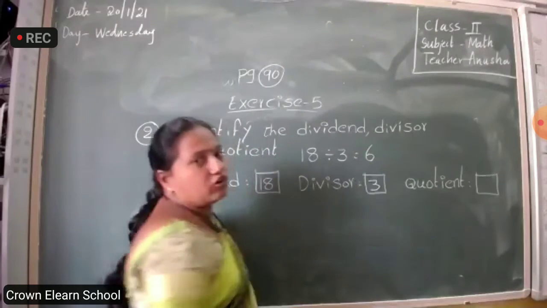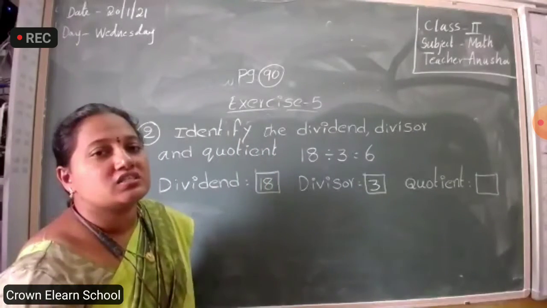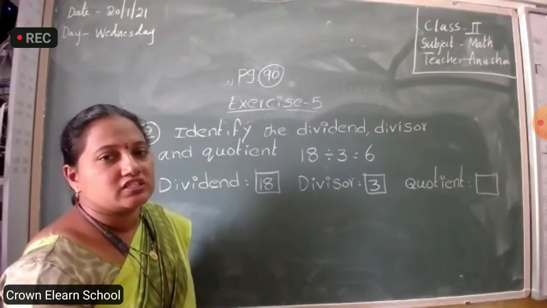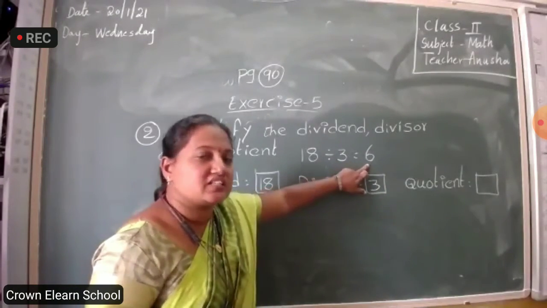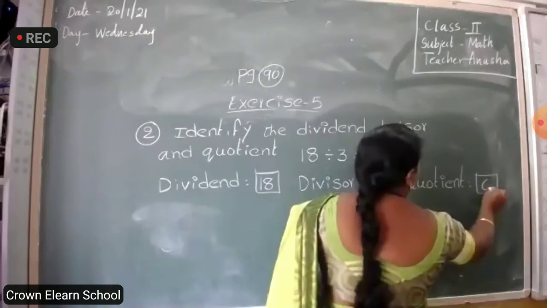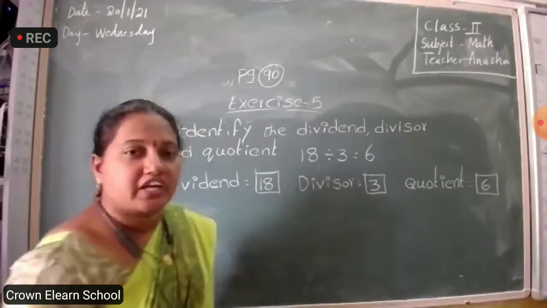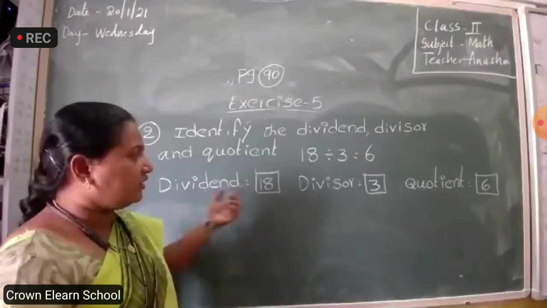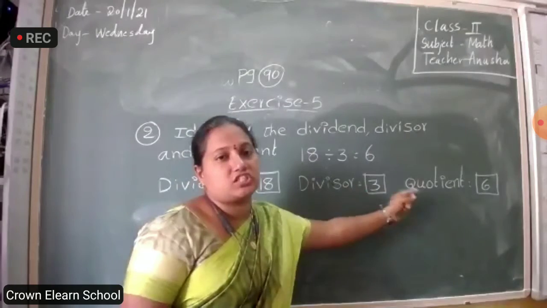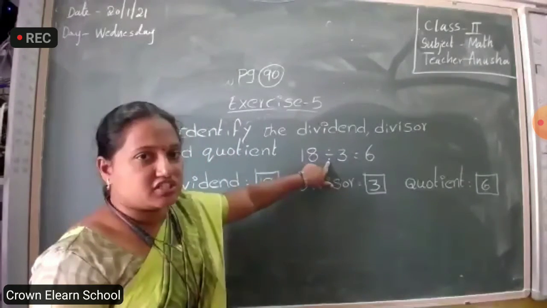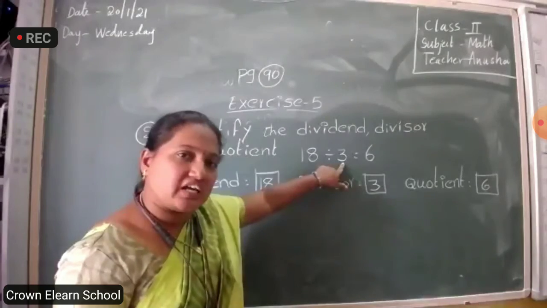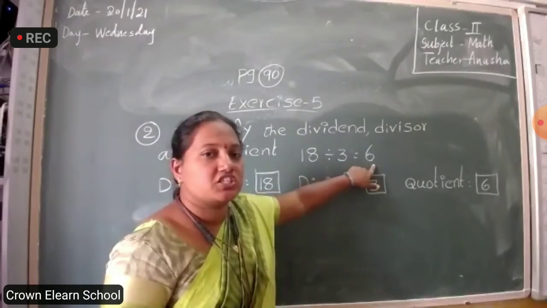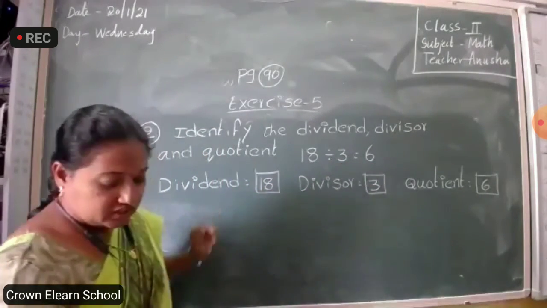Now coefficient. Coefficient is nothing but answer in the division. Quotient is nothing but answer in the division. What is the answer here? 6. That is the coefficient. Dividend, divisor, coefficient. This is division symbol before, dividend, divisor. This is coefficient. Okay, copy that.